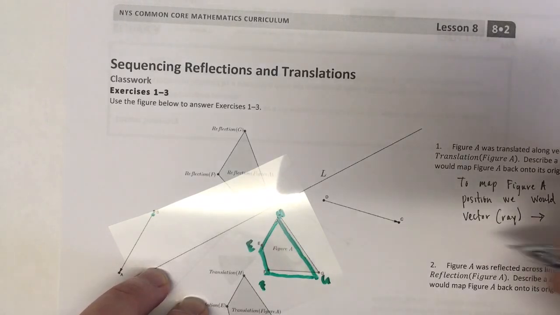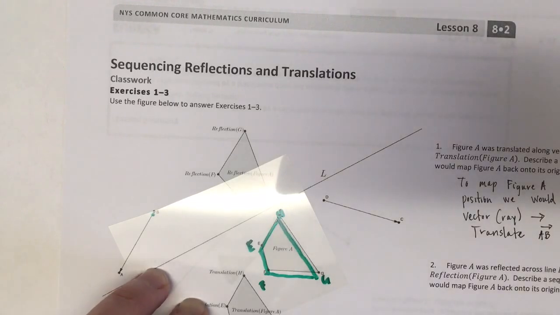So, what does that mean? Translate from A to B along the vector instead. And before we started here, it was B to A. Now I'm going from A to B.